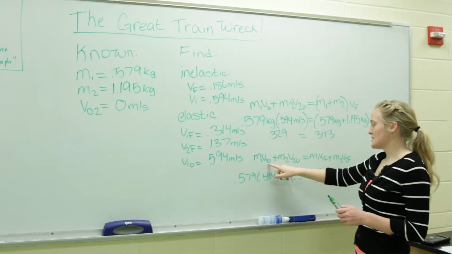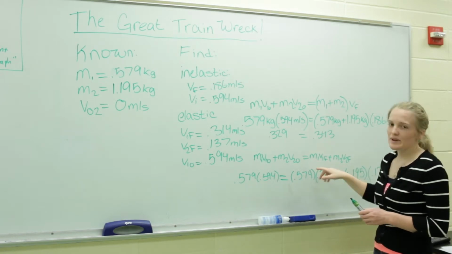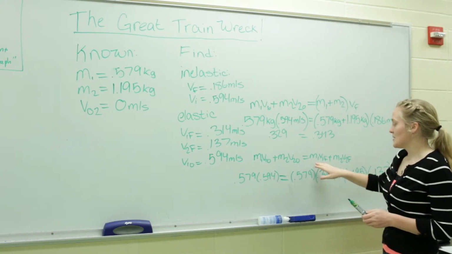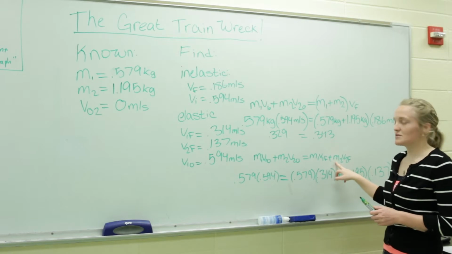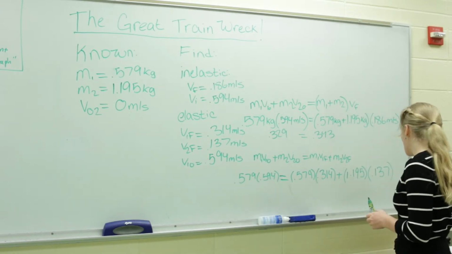Now we can plug the same idea into our equation. Mass 1 times velocity 1 plus mass 2 times velocity 2 is equal to, now we have to take both the masses and velocities separately since they don't combine, mass 1 times velocity 1 plus mass 2 times velocity 2. Then we can plug in our numbers.